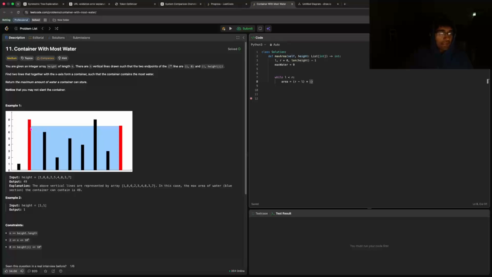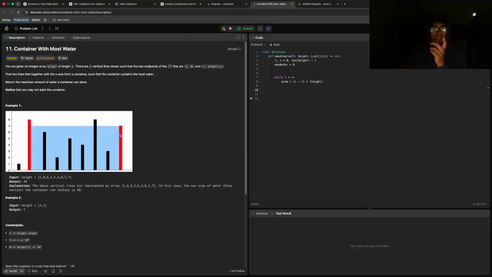Now for height, you can't just say multiply by height, because the input array is named height. You can't multiply all that by the entire input array, or by every single value here. You need to do it by the value of what L or R is.